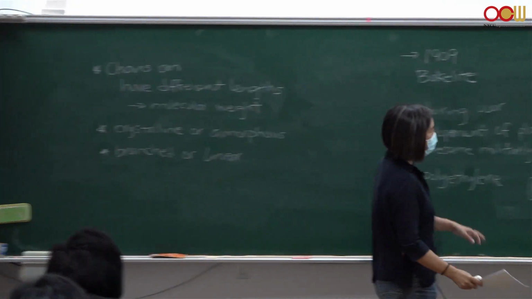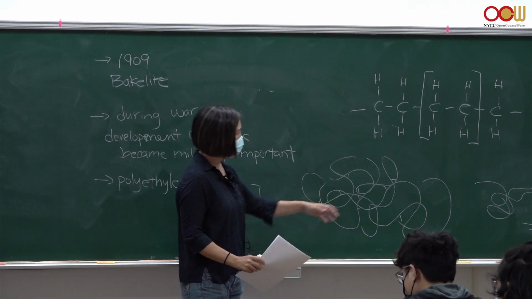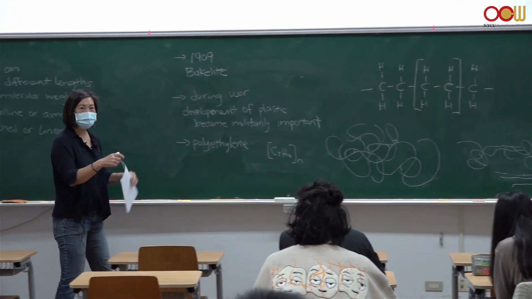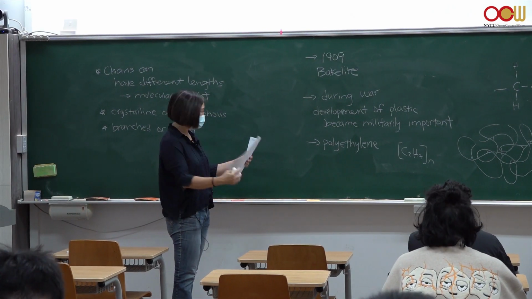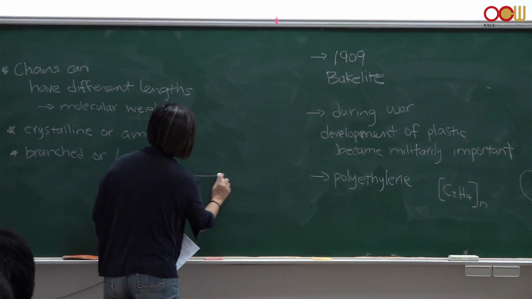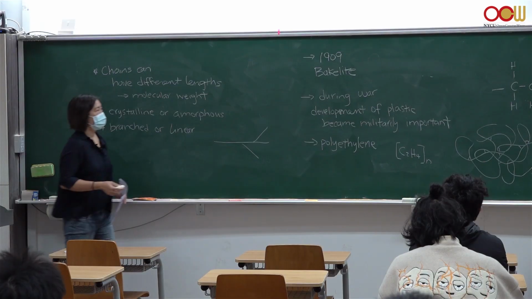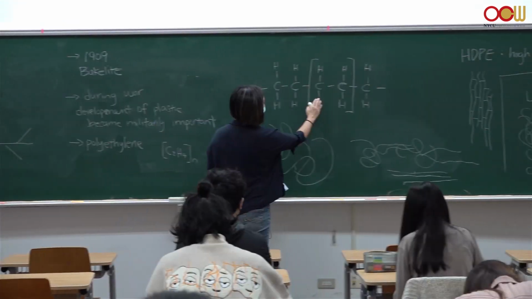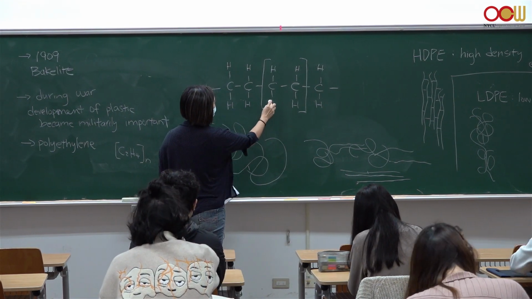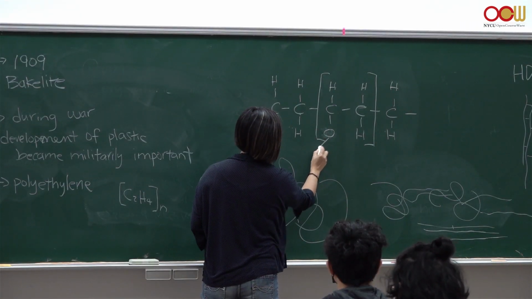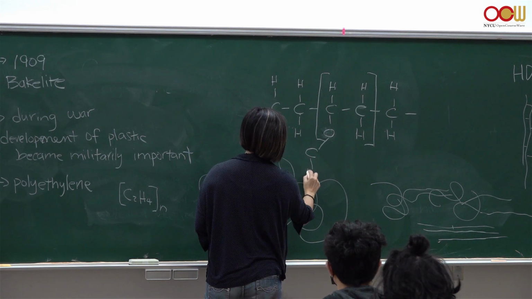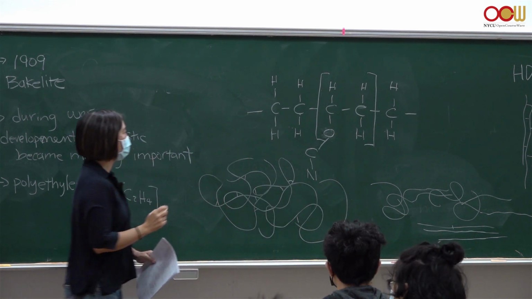So this would be a linear chain. So even though they're curled over on top of each other, it's still just one singular chain. But you can get chains that have branches. And this is by adding something here. So you could add maybe oxygen that connects to another carbon, to nitrogen, something like that, right?